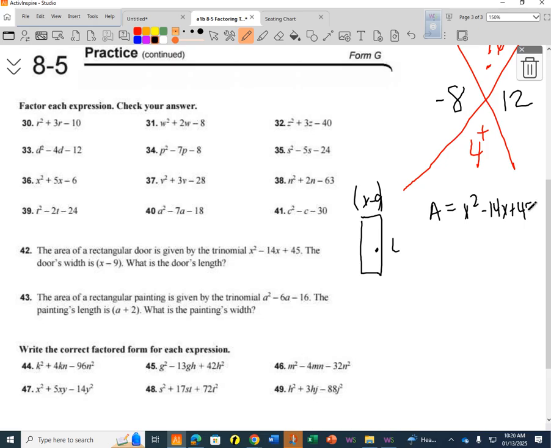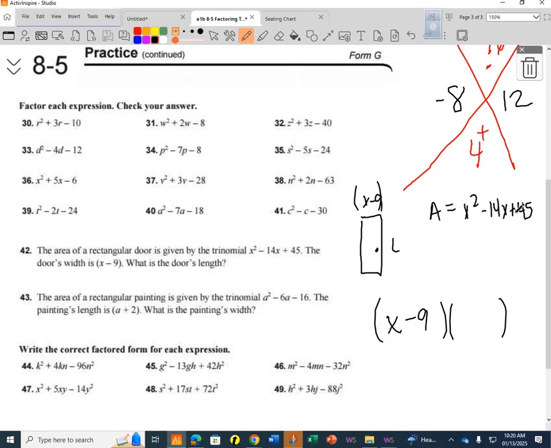So really what we're doing is factoring. We're going to figure out what other factor with x minus 9 will give us this. So we know that x minus 9 times some other binomial will give us x squared minus 14x plus 45.